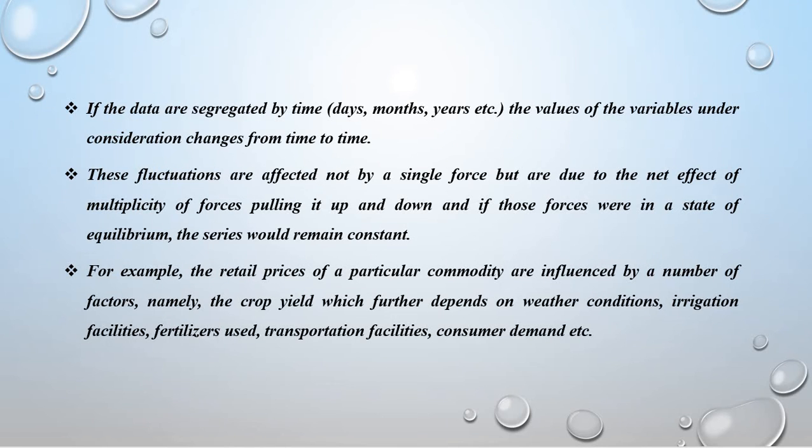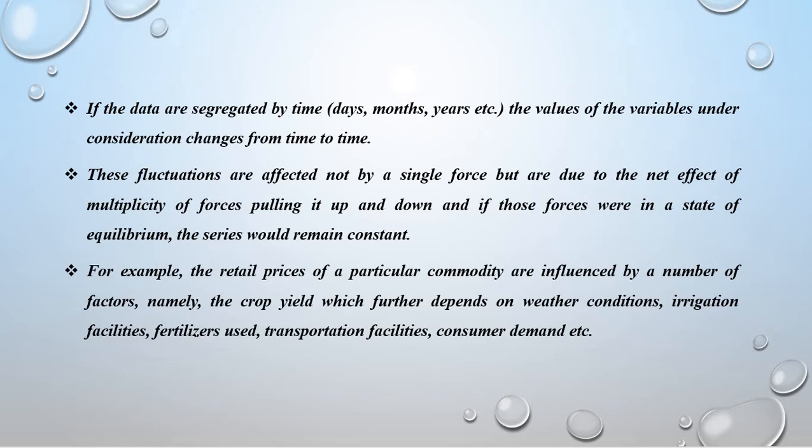So, if the data are segregated by time, days, month, years, etc., the values of the variables under consideration change from time to time. These fluctuations are affected not by a single force but are due to the net effect of multiplicity of forces, pulling it up and down, and if those forces were in a state of equilibrium, the series would remain constant.